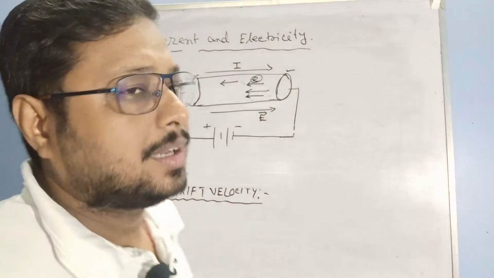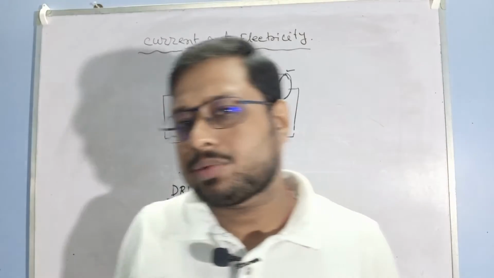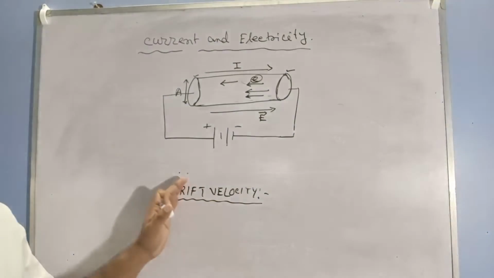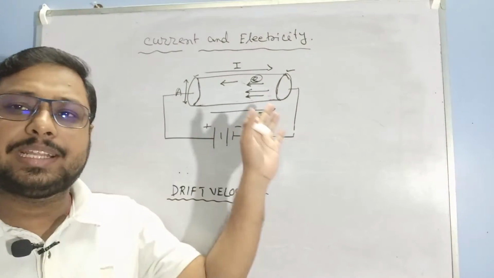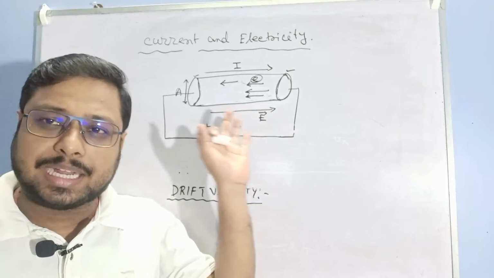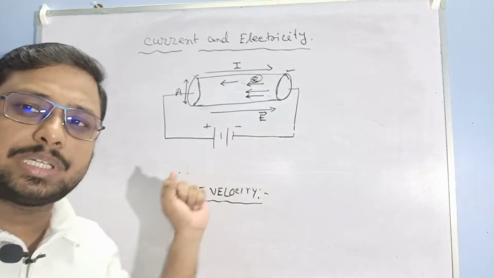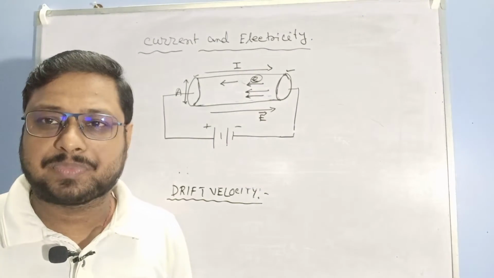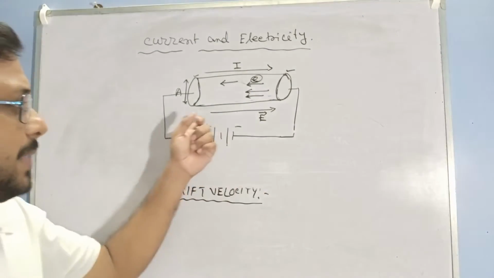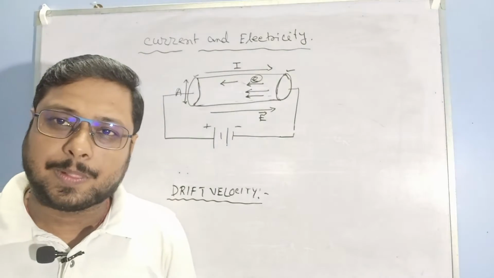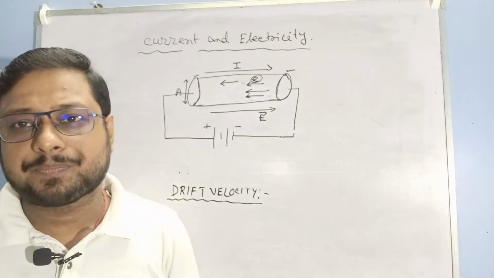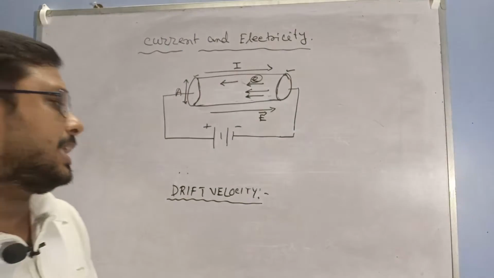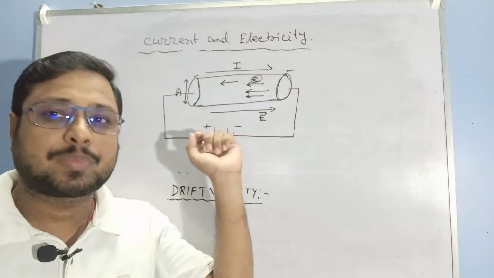So when a battery is connected across a conductor, the current goes through this conductor opposite to the electron, that is, along the applied electric field. Now we can introduce the drift velocity of electrons.